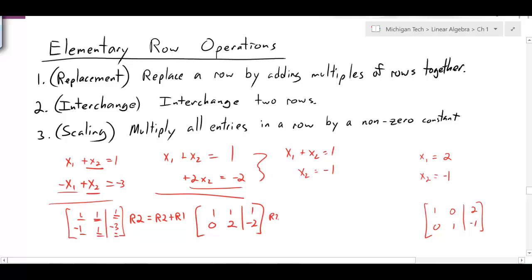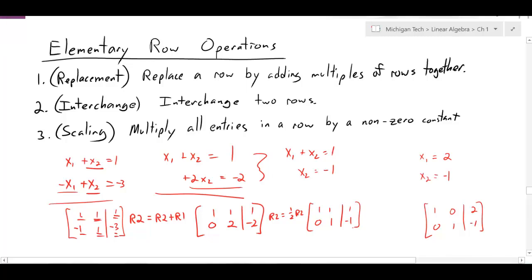If I take R2 and say the new R2 is going to be 1/2 of the old R2, I'm just multiplying that row by a half. The result would be, row 1 hasn't changed, so I will just write that out. And I take 0 times the 1/2 is 0, 2 times 1/2 is 1, and negative 2 times 1/2 is negative 1. And once again, I can see that's the same as my equation above.